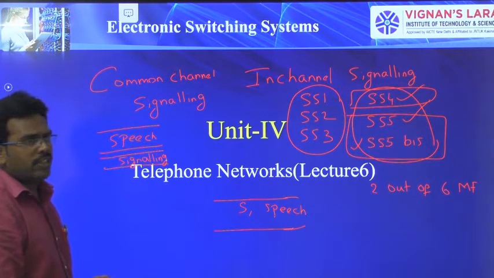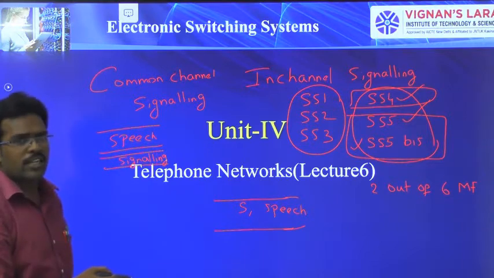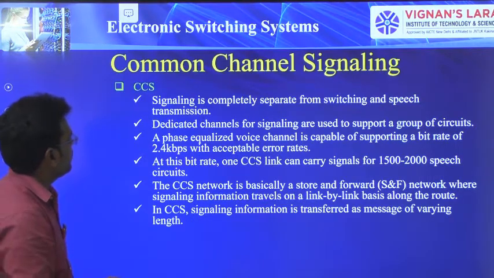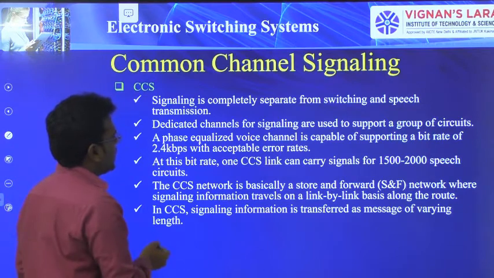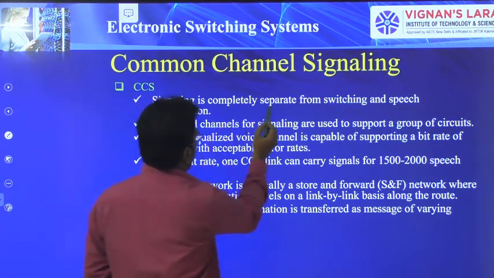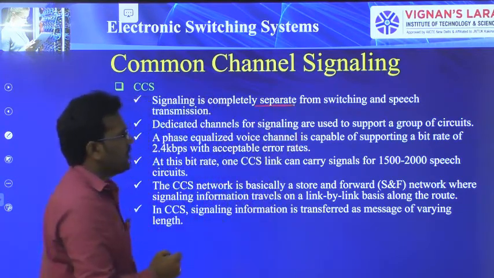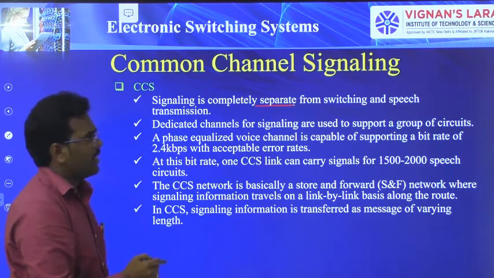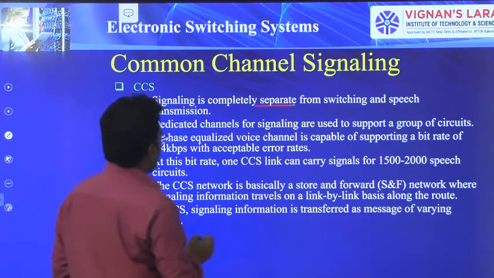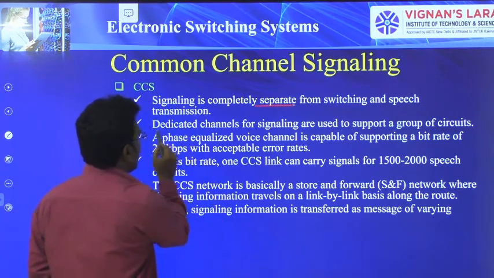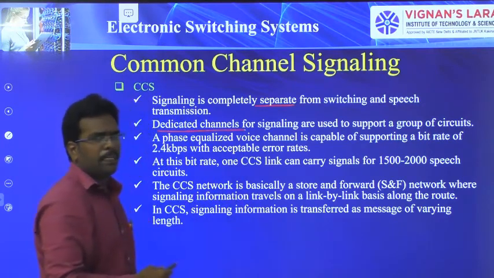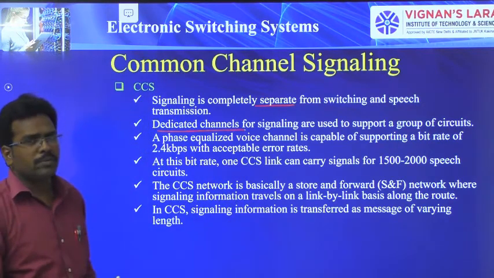Now you see the structure of common channel signaling. In common channel signaling, it uses separate channels for speech and signaling. Another one is, it uses a dedicated channel for signaling that supports groups of circuits.